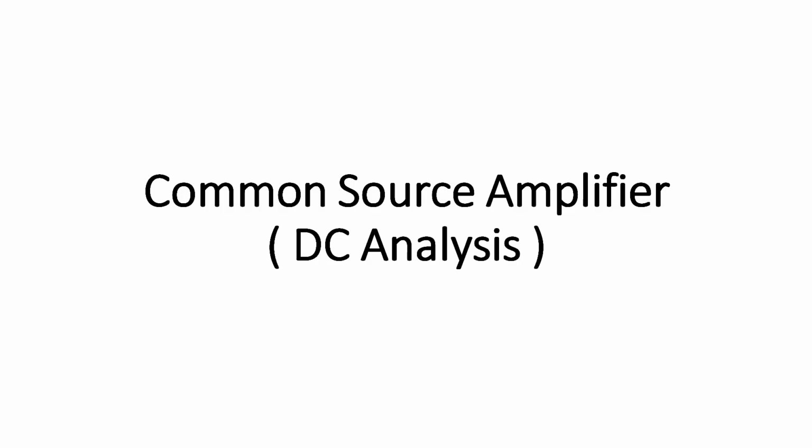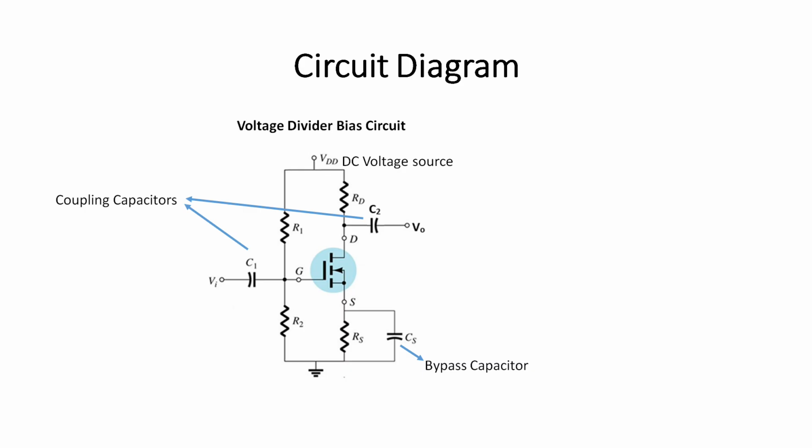Let's start. This is the common source amplifier circuit where the source terminal is connected to ground through RS, the gate is connected to the input and the drain is connected to the output.